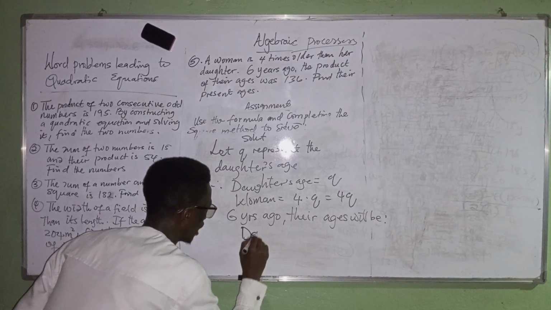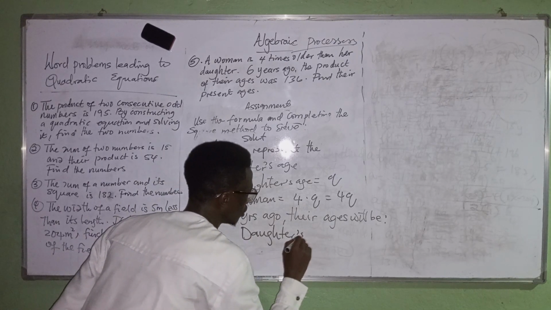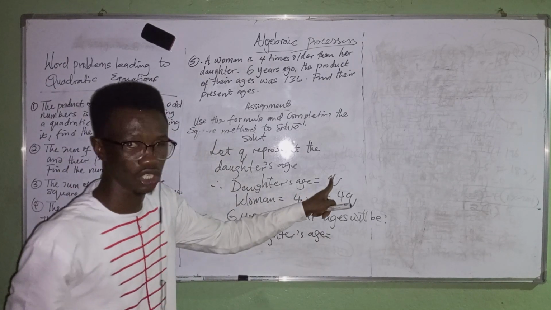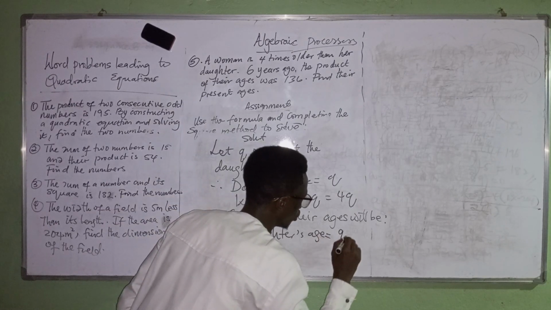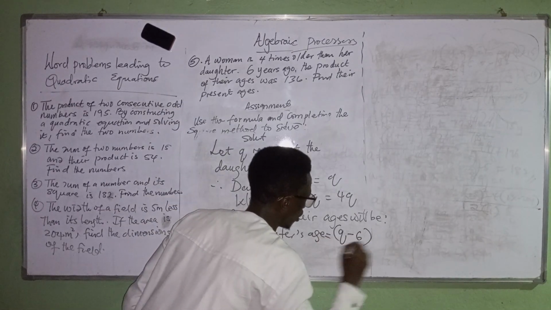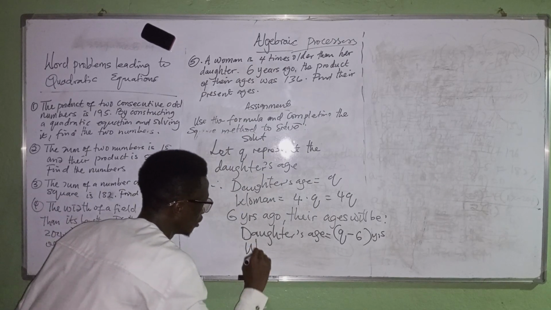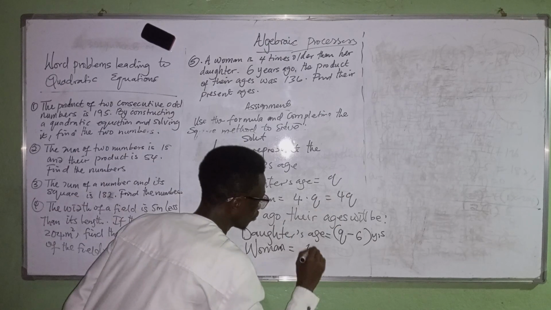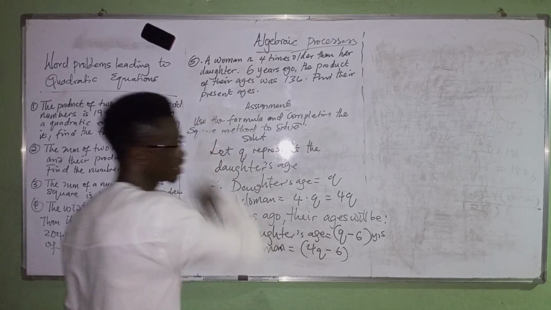The daughter's age for now is Q years. So 6 years ago, it will be Q minus 6, all in years. And the woman was 4Q. So 4Q minus 6 again, because you are reducing 6 years ago.